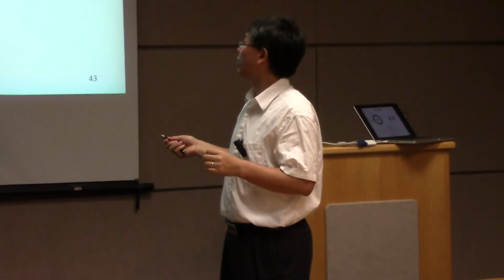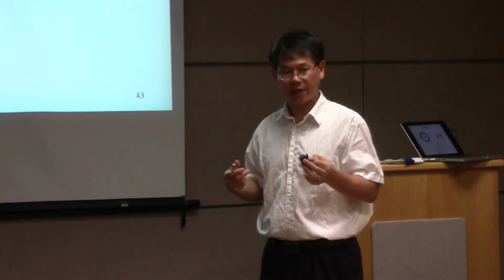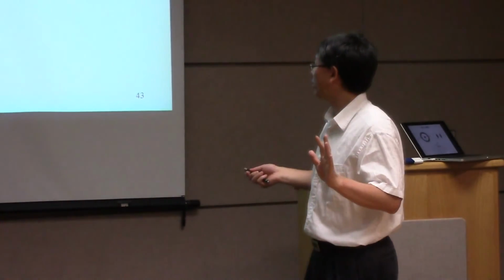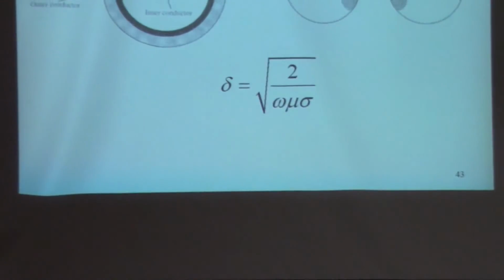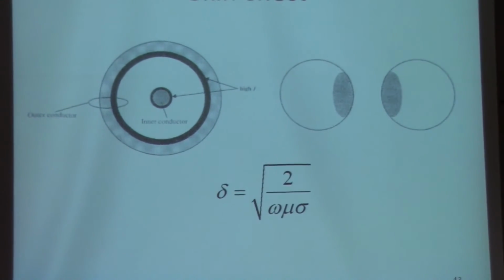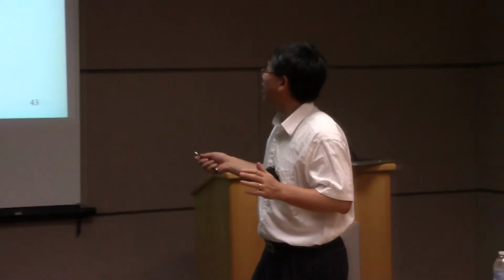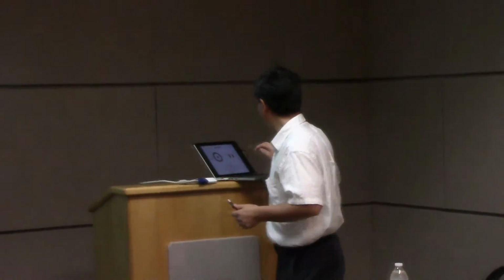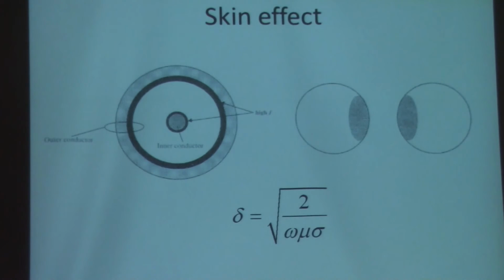Instead, only the surface area will propagate the energy, and how deep it is related to your frequency. Secondly, you have something called a proximity effect. If you have two wires close together, they will interact with each other. So the current distribution, instead of uniform, will be something like this. That was part of the problem for so-called signal integrity.